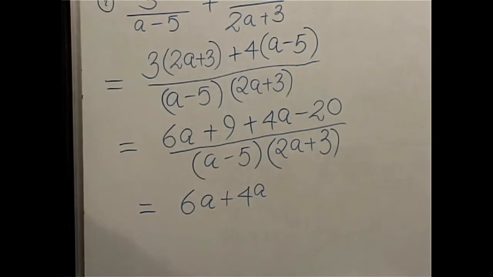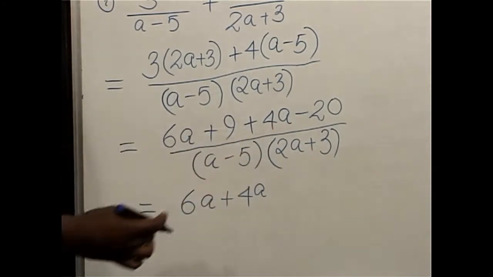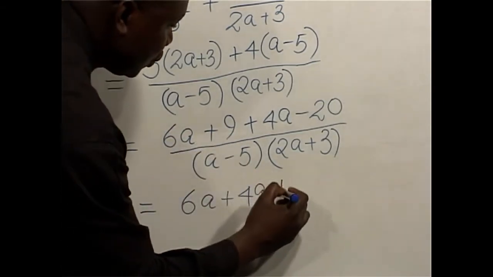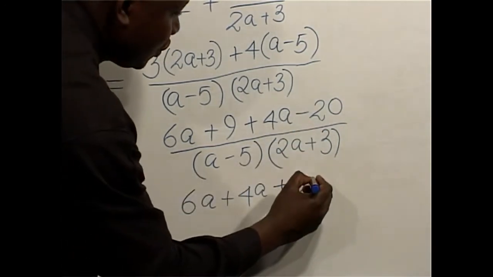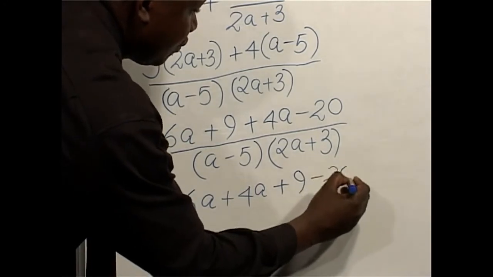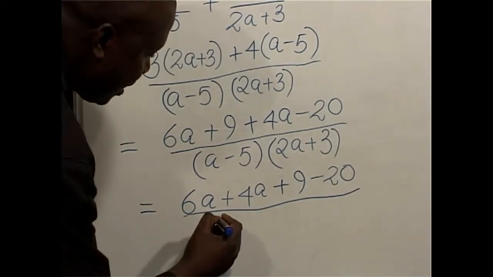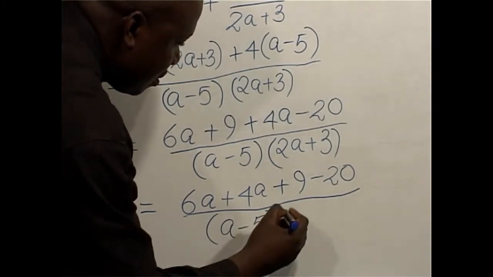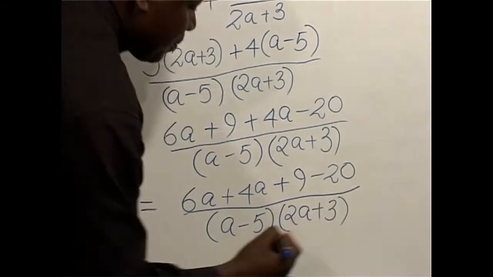And remember, whenever you are collecting the like terms, you must make sure that each term moves with the sign it has before it. So, the next one is going to be this 9, which is positive, so it moves together with its sign. And the 20 is negative, so it has to be written as the negative 20. This whole expression is going to be divided by the lowest common denominator, which is a minus 5 multiplied by 2a plus 3.